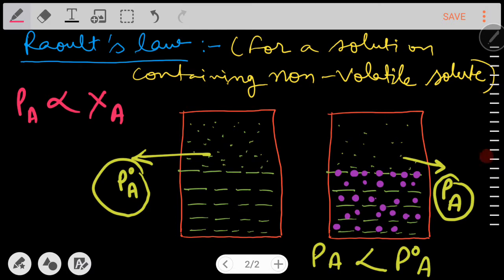Raoult's law tells you the quantitative relationship of the lowering of vapor pressure when you dissolve a non-volatile solute in the solvent. So after dissolving non-volatile solute in the solvent, the vapor pressure of solution is directly proportional to the mole fraction of solvent remaining in it. This is Raoult's law.